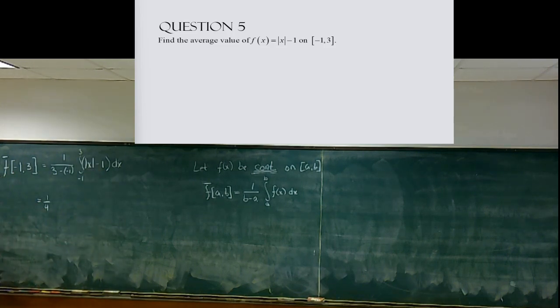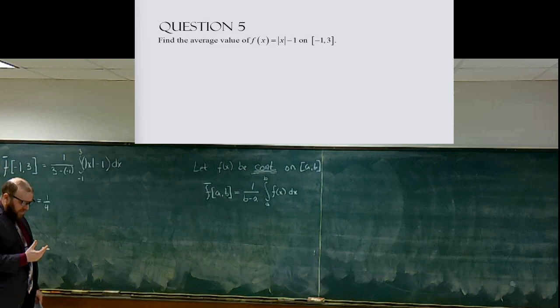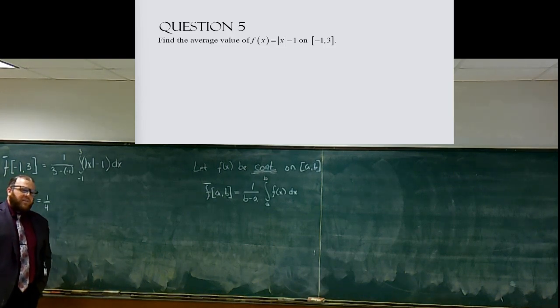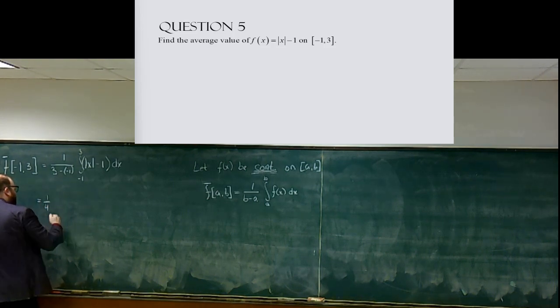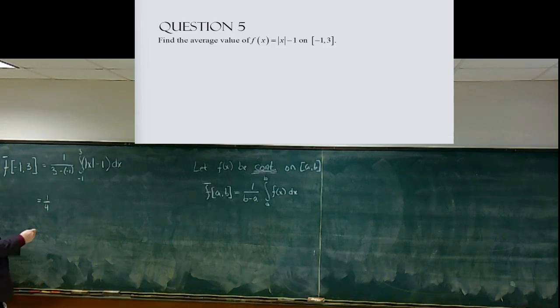How do we handle this? It's not equals. So what is the antiderivative of absolute value of x?